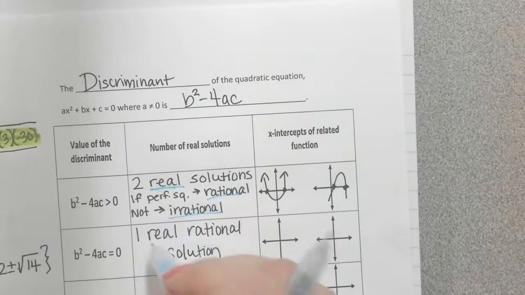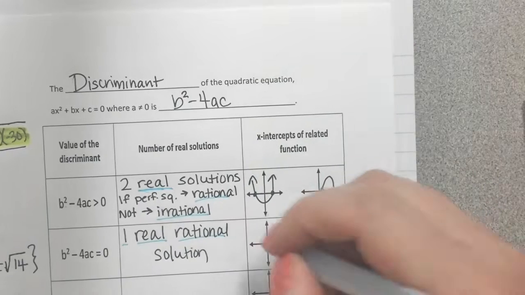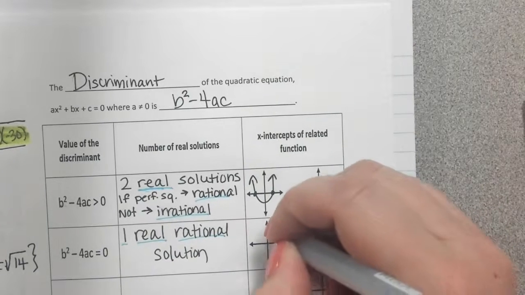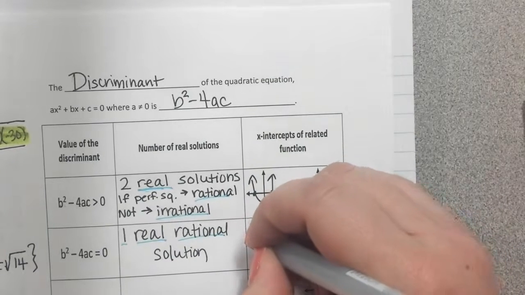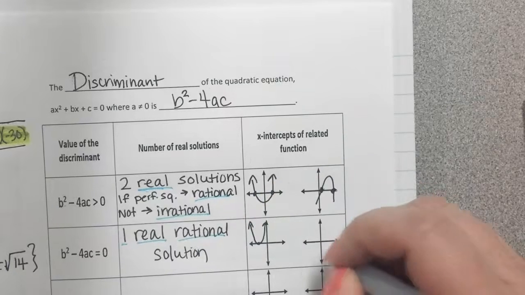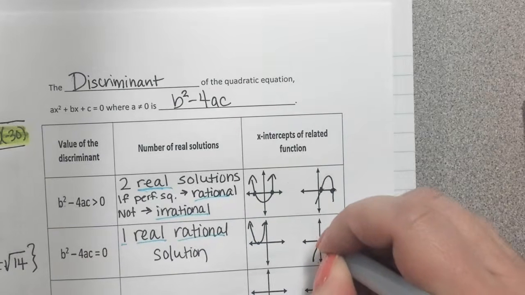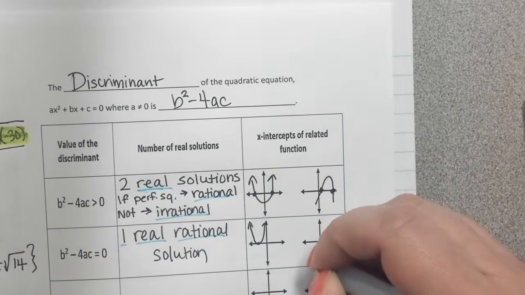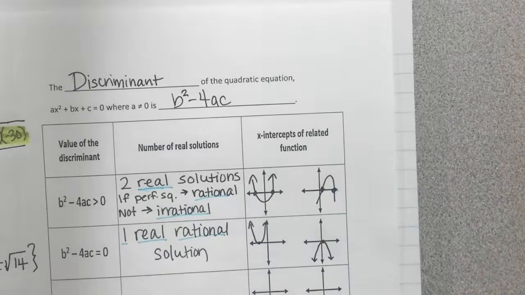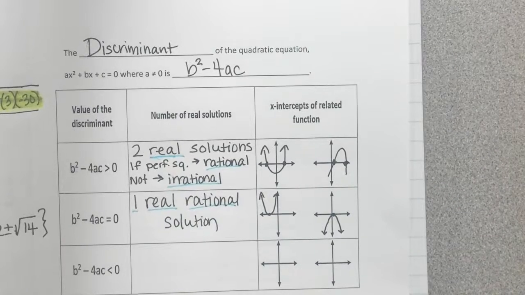Pictorially, what that looks like is something that has its vertex on the x-axis. If it has one solution, the vertex would be sitting on the x-axis.